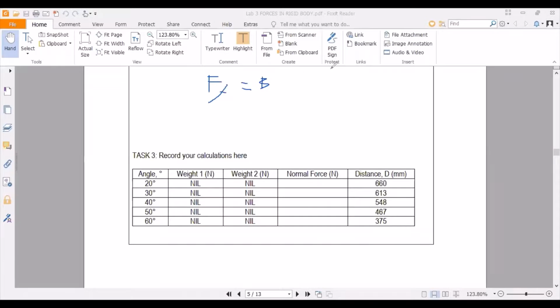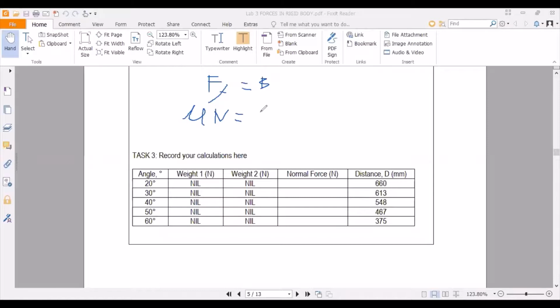Now just simplify the formula, F friction equal to mu times the normal force, and put B back into equation 2.